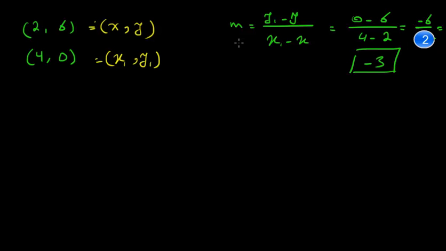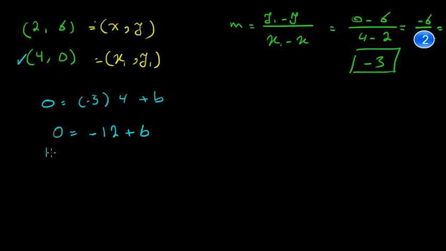Now we substitute one of these coordinates to solve for b. It doesn't matter which one again. This time we choose the second one. So we'll have 0 equals minus 3 times 4 plus b. 0 equals minus 3 times 4, which is minus 12, plus b.